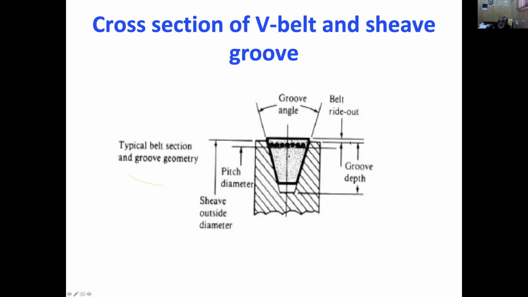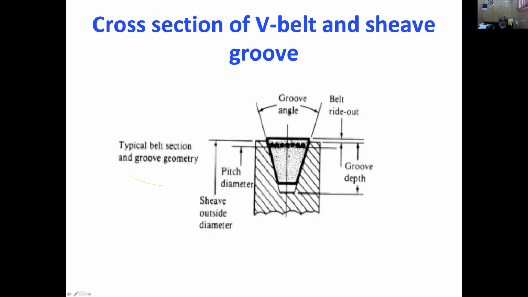Then here is the belt ride out, which is the part of the belt above the sheave, above the groove, and this is the groove angle, which is always represented by 2 beta. Please remember, the groove angle is always represented by 2 beta, while the wrap angle is represented by theta. This is valid in the case of the V belt.